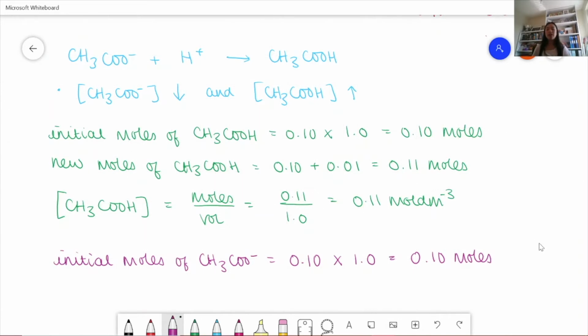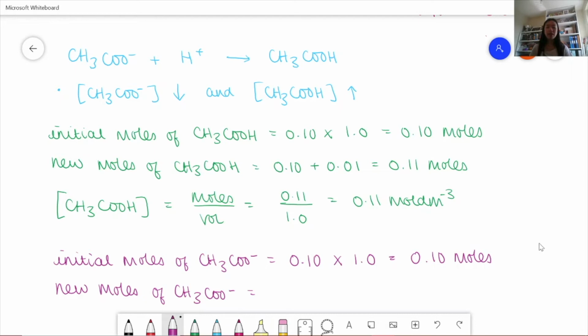So we know that the overall concentration of this ethanoate will decrease. And that means that we need to take away the moles of H plus added to find the new moles of this ethanoate. So the new moles of ethanoate, so because the moles will decrease from the initial to the new, because it's reacting with the added acid to maintain a constant pH for the buffer.